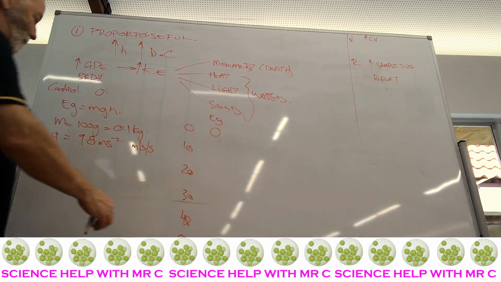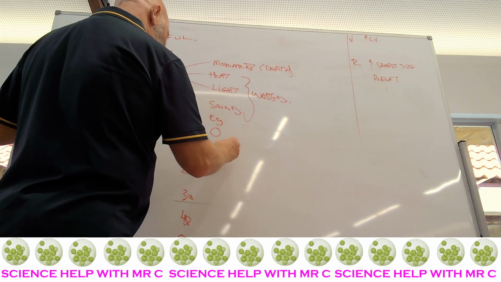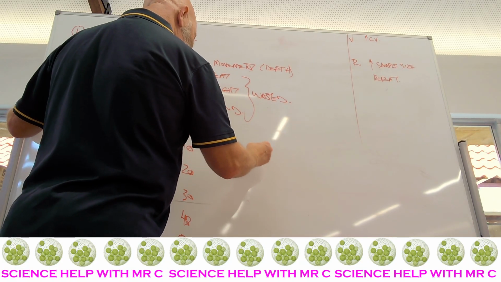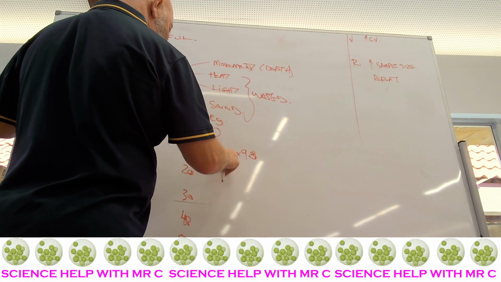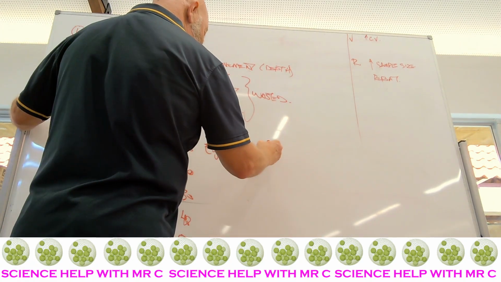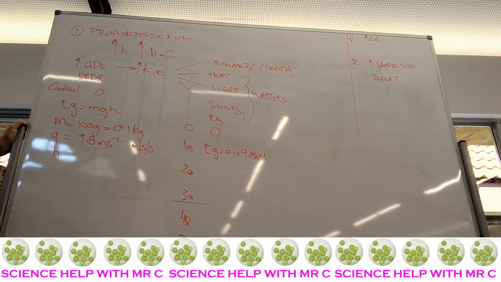Jeepers. Now 10. So here, for 10, EG would be 10 times 9.8. Oh, sorry, that was 10 for this height. So 0.1 for the mass, times 9.8, but now it's 10 centimeters. What's 10 centimeters in meters? Because height's in meters. How many centimeters in a meter? 100.